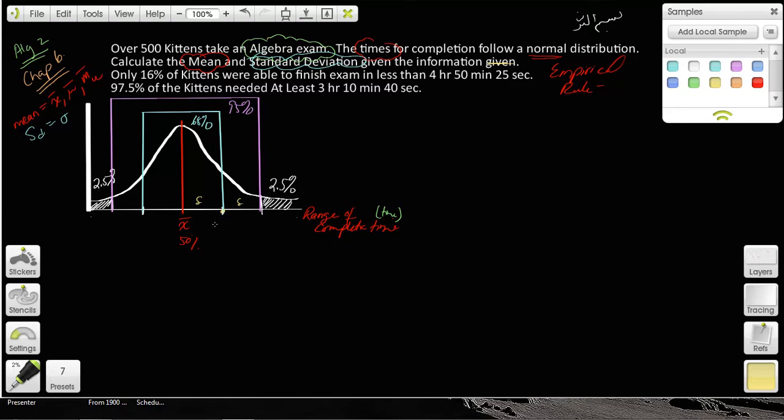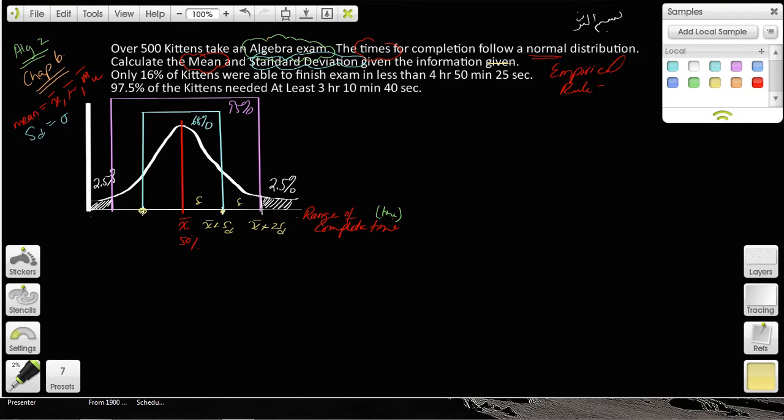So this data point here would be the mean plus one standard deviation, and this data point here would be the mean plus two standard deviations.